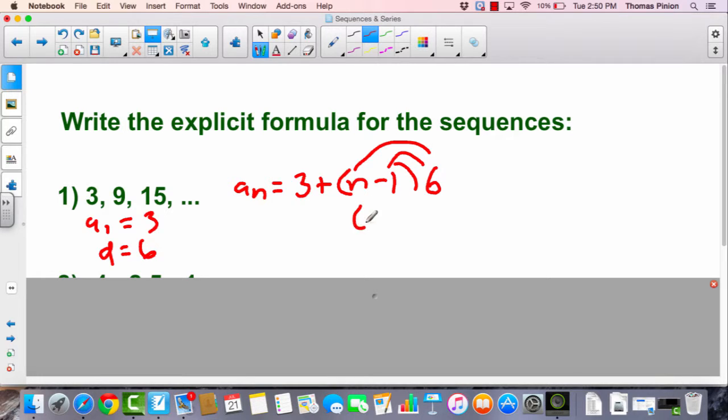Distribute your 6, you get 6n minus 6. Bring down your 3. Now combine like terms. A sub n equals, bring down your variable term first, 6n, and 3 minus 6, which is negative 3. That's the explicit formula for that sequence.